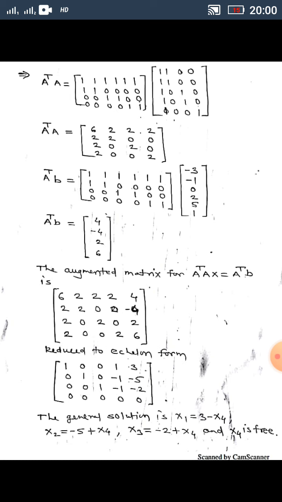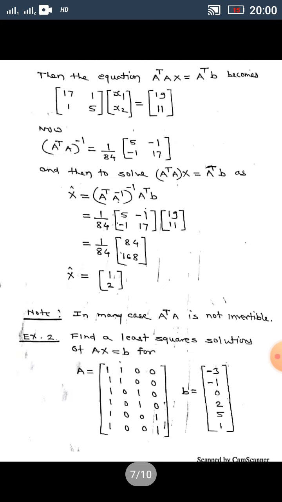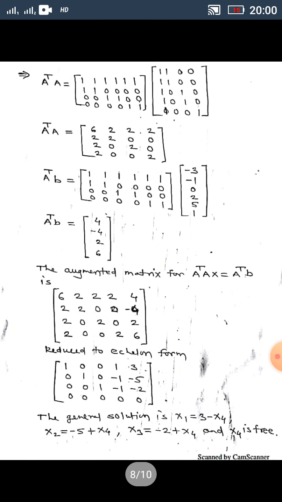So 1 into 1, 1 into 1, 1 plus 1 is 2. So the rest of the elements are 0, that is 2. 1 into 1, 1 into 1, and the rest all elements are 0. So 1 into 1, 1 into 1, that is again 2.